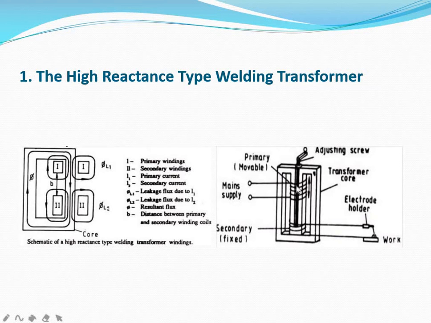But this is the primary winding, and we can move this primary winding from top of the limb to the bottom of the limb with this adjusting screw. So the spacing between the windings can be obtained as per our reactance requirement, and hence we can obtain the desired output welding current.